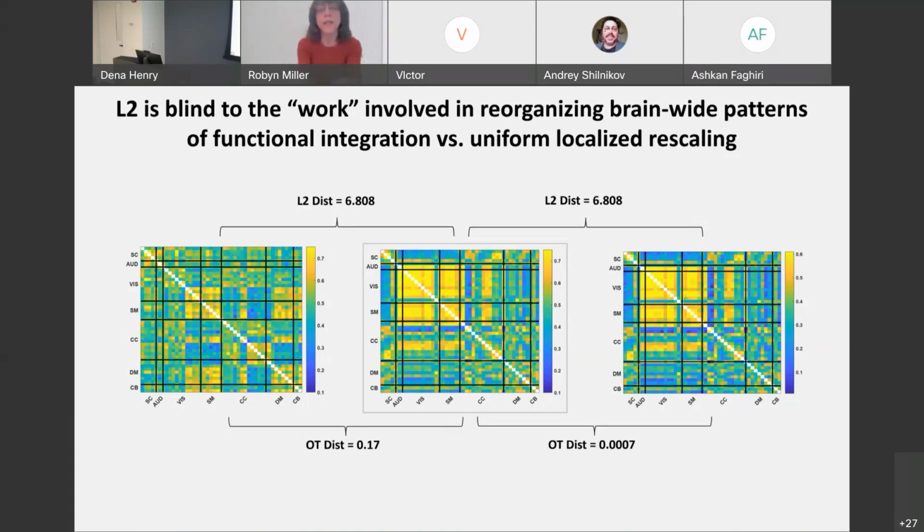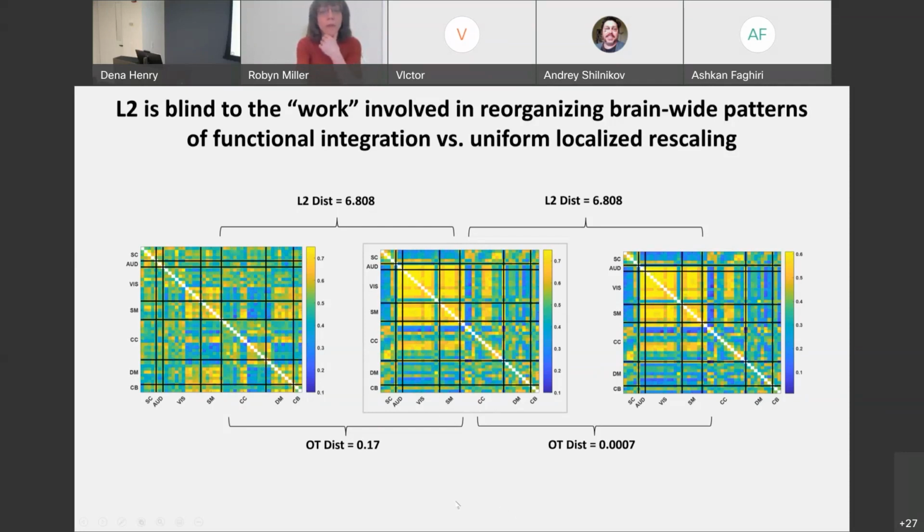But the L2 distance between the middle and the right and the L2 distance between the middle and the left is identical. There's really no recognition of any type of potential energetic difference or higher level of difficulty in getting from middle to left versus from middle to right.